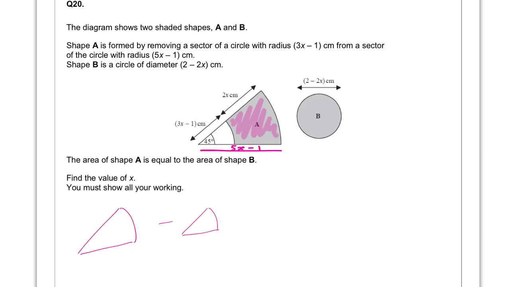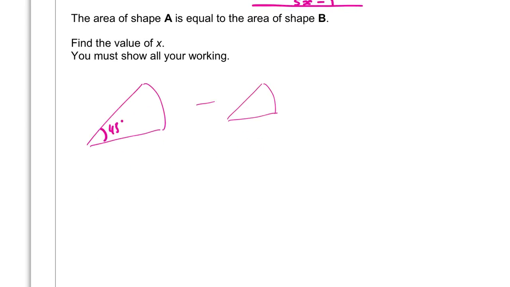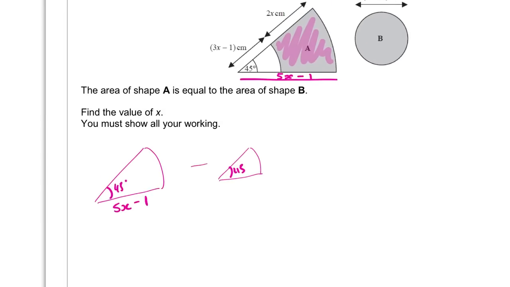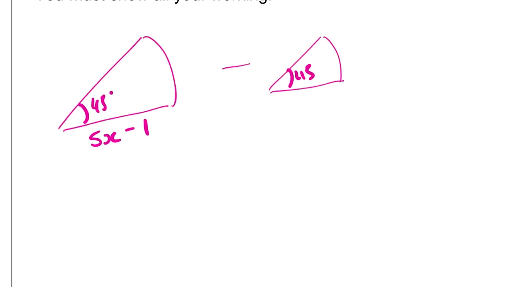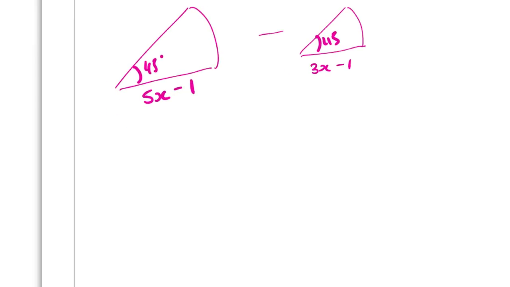Okay, so we write down what we know. We know that the radius of the big one is 5x minus 1. And we know that the radius of the smaller sector is 3x minus 1. Now, area of a sector, what is the formula? The formula is area, pi r squared, everyone knows that.